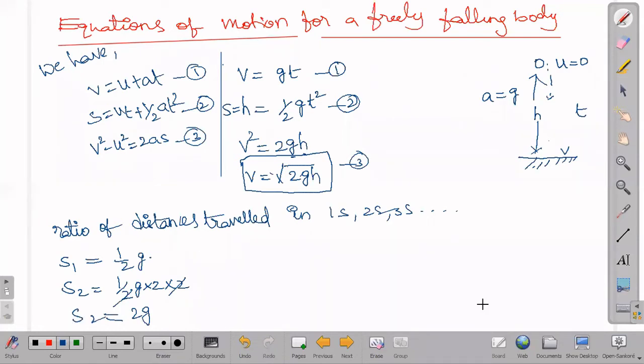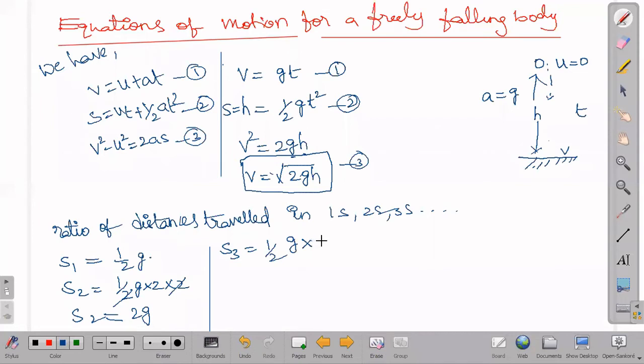Same way, if I write for the distance traveled in 3 seconds, what do we get? S3 is equals to half into g into t, same formula I'm using. The t value now is 3 seconds.